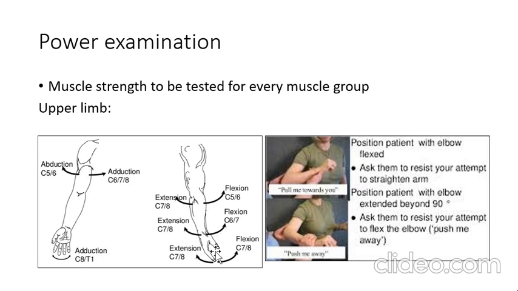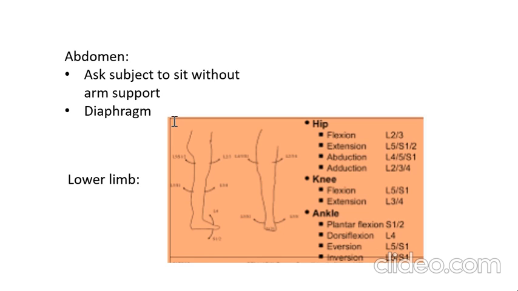This way, the wrist, the metacarpophalangeal muscles, the flexors, the adductor and abductor groups, the wrist extension and flexion groups, and the same for elbow flexion and extension, adduction and abduction. This way for every muscle we can see the power of the upper arm, right? Then we can see abdomen power.